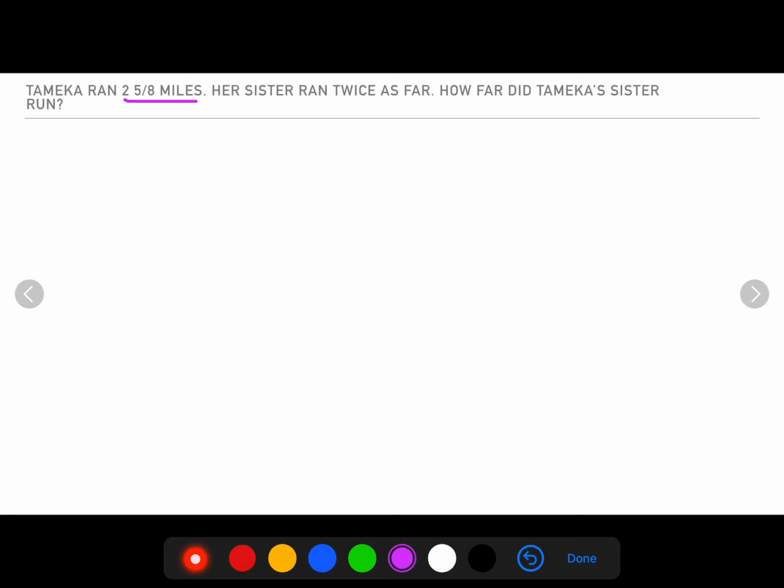That's right, the fact that Tamika ran 2 5/8 miles. What about from the second sentence? Do you see any key details? That's right, her sister ran twice as far. And I know I'm solving for how far Tamika's sister ran.